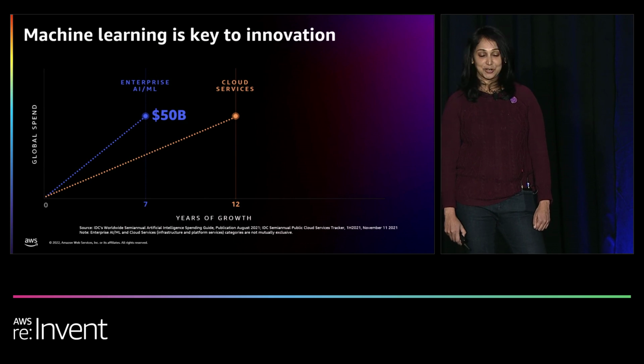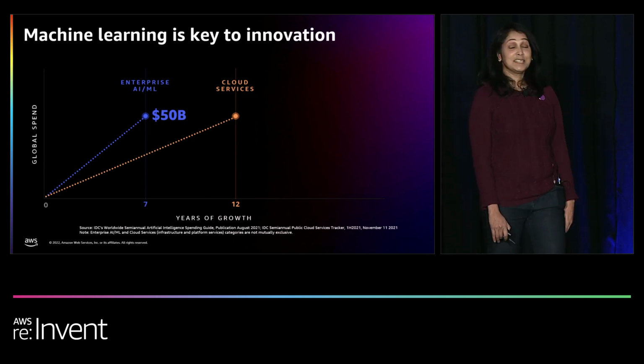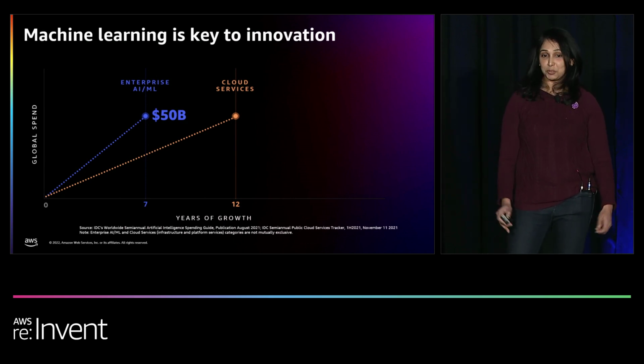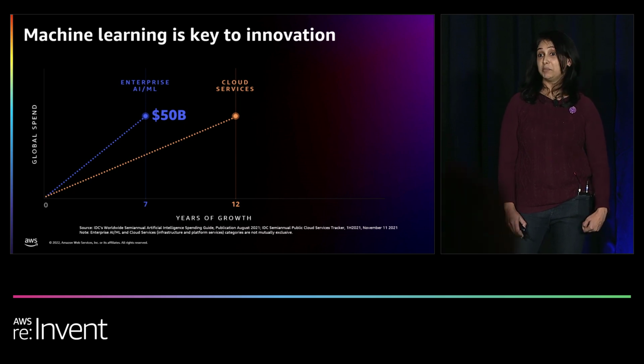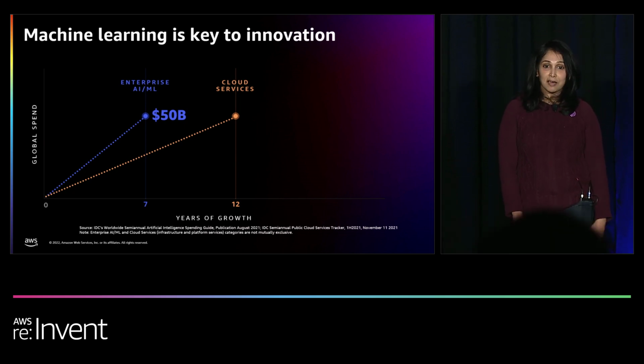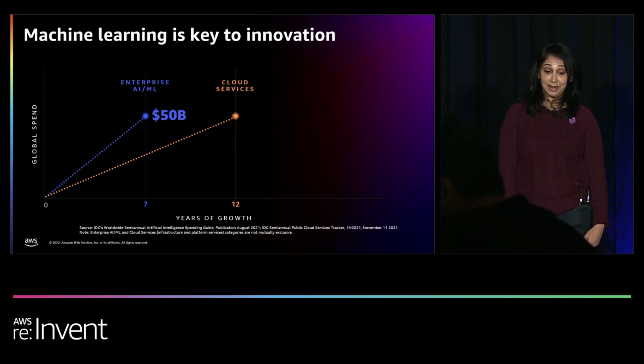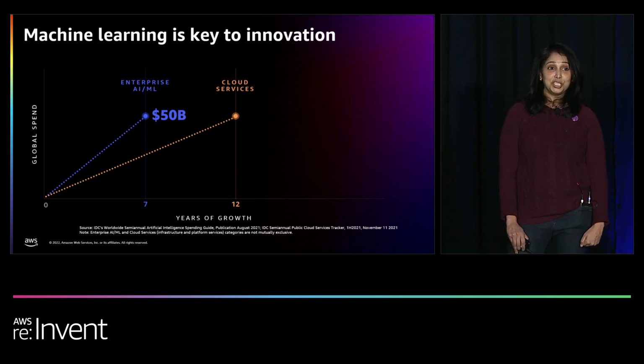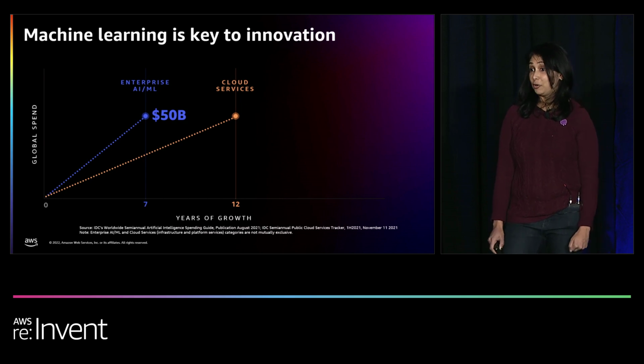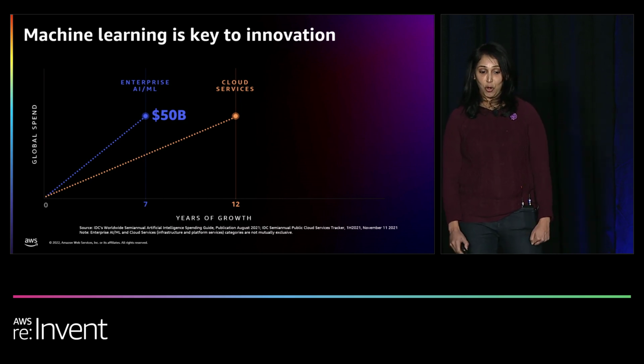Right, let's get started. So gone are the days when we heard about machine learning just in the context of web search. From autonomous cars to retail recommendations to fraud protection and drug discovery, machine learning is driving innovation in almost every industry we know of. And this is evidenced by the investment that we're seeing in machine learning.